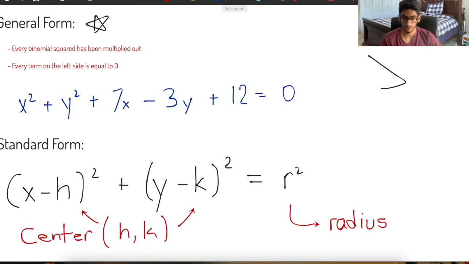As you can see in my example in blue, everything has been multiplied out. There are no parentheses, nothing like in standard form. Also, every term on the left is equal to 0. We're going to go through some problems converting from general form to standard form and standard form to general form.